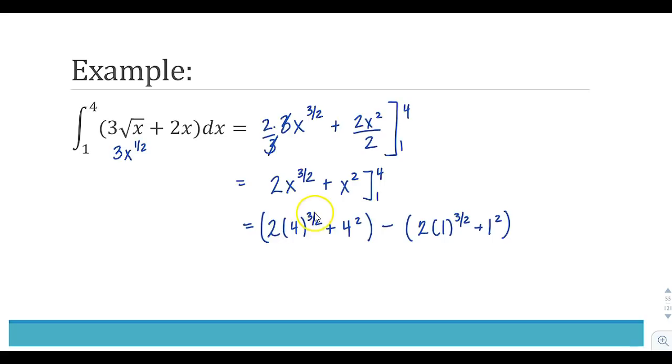So here we have 4 to the 3/2, that's the square root of 4, which is 2. 2 cubed is 8. So inside of here I have 2 times 8, that's 16, plus 16, minus here I just have 2 plus 1. So I have 32 minus 3 for an answer of 29.